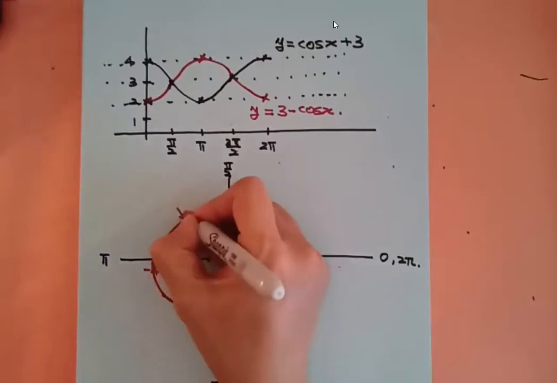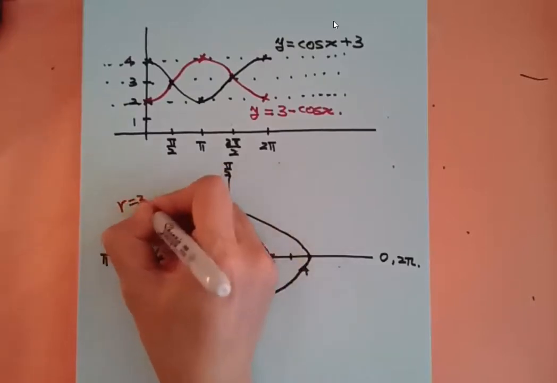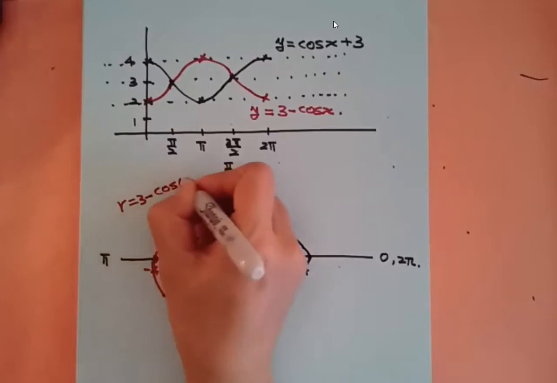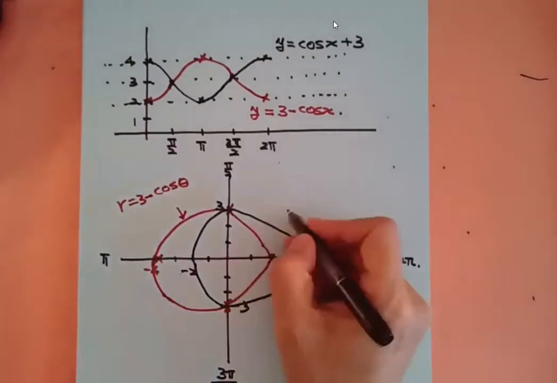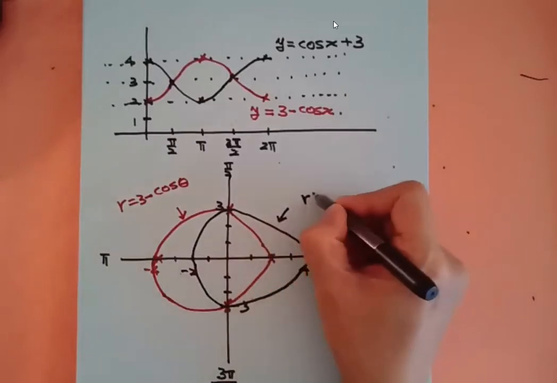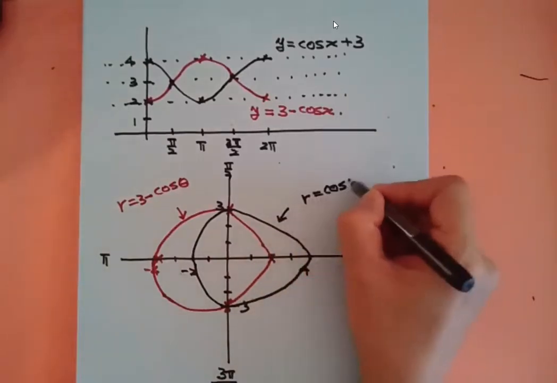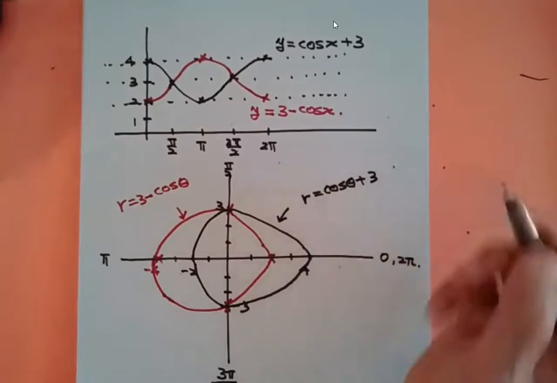This red graph is r equals 3 minus cosine of theta. And that black graph is r equals cosine of theta plus 3.